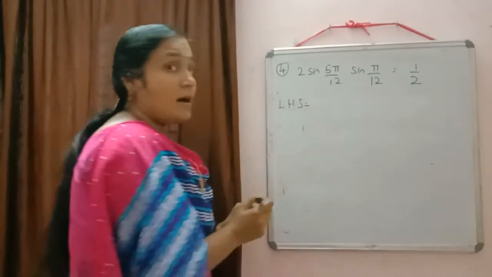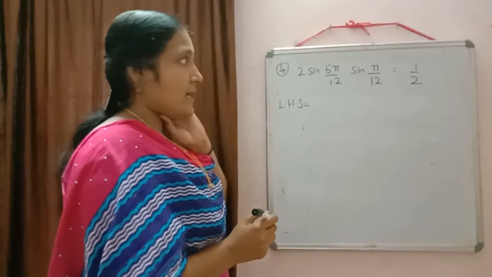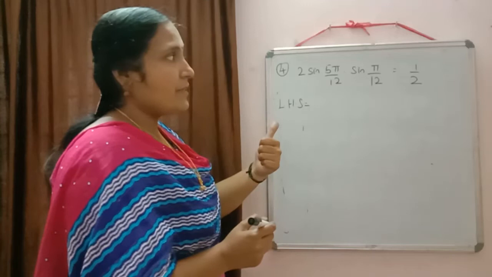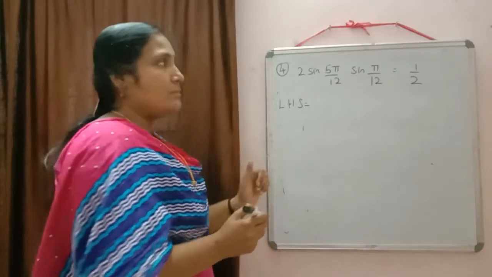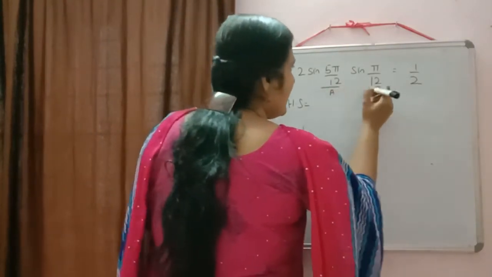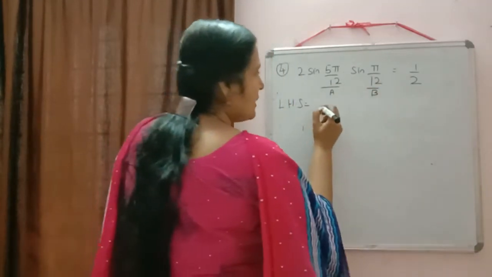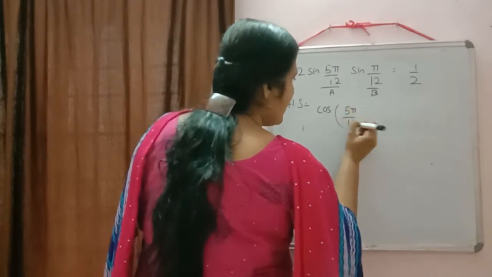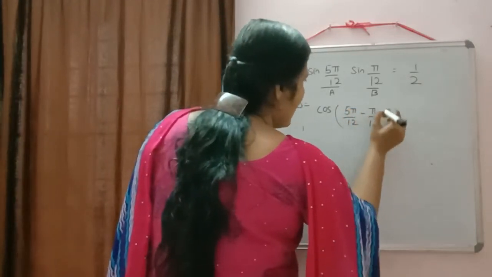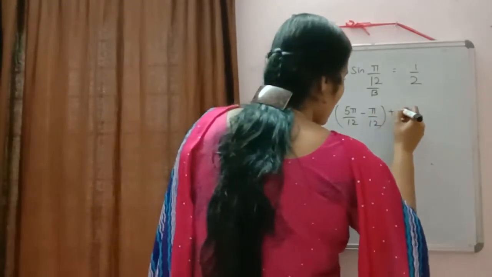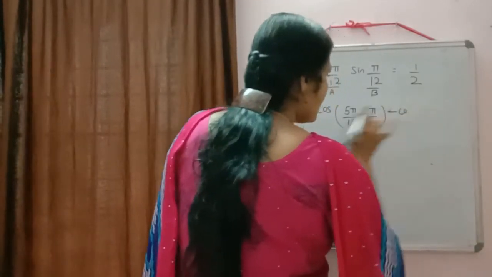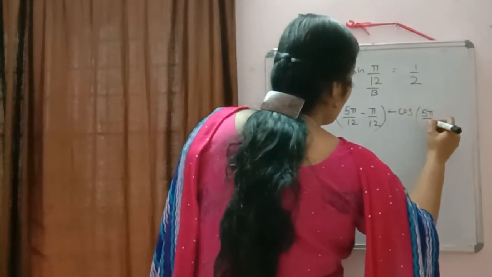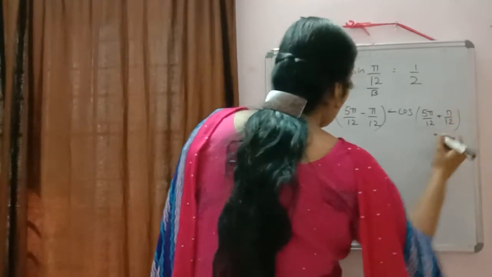So which formula? Yes, formula of cos, and this is the formula for difference. So when we are writing the formula for difference, cos A minus B should be written first. So this is our A and this one is B. So first what will come? Cos A minus B. So it will be equal to 5 pi by 12 minus pi by 12 plus cos, minus cos A minus B minus cos A plus B. So 5 pi by 12 plus pi by 12.